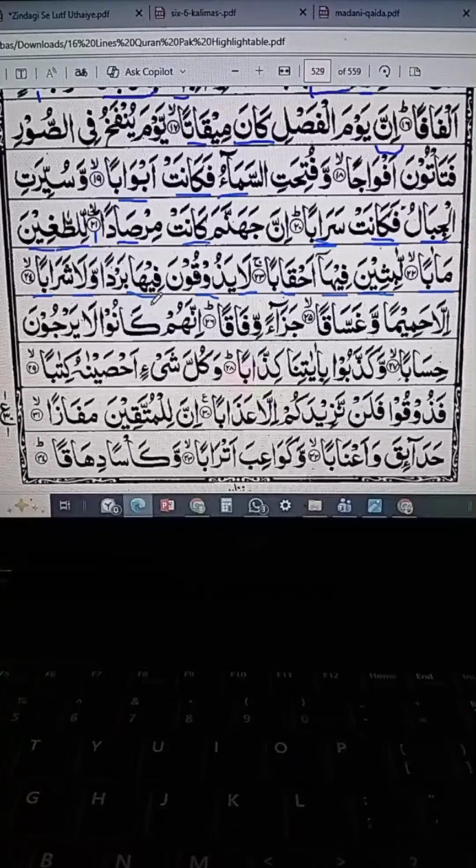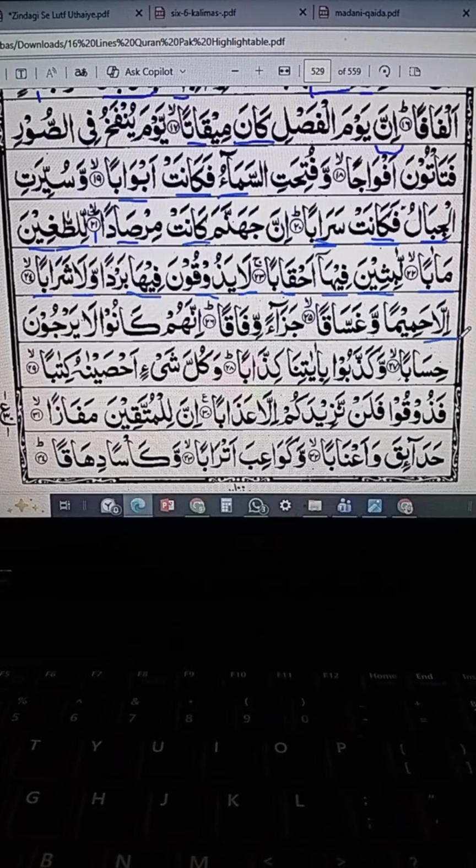So this is the basic rule. There are three letters of madda, and this is the ayah where we see all three letters of madda. La yadhuquna fiha bardan wala sharaba.